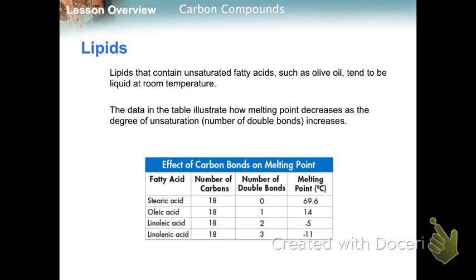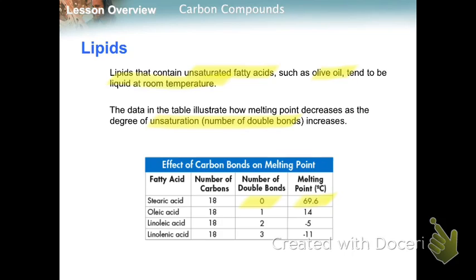As a rule, lipids that are unsaturated, like olive oil, are liquid at room temperature. You can see how the degree of unsaturation, the number of double bonds, affects the melting point. So, number of double bonds for stearic acid is 0, the melting point is 69.6 degrees Celsius. That's pretty high.